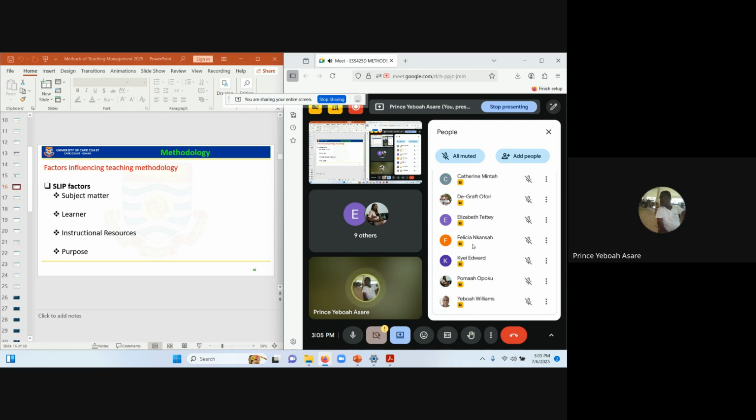Okay, so pace of instruction is different from instructional time. When we talk about pace, we are looking at the frequency in your delivery. How fast are you talking? That is pacing. That is different from instructional time. Some teachers, when they come to class, they talk very fast. So that is pacing. The frequency in delivery. How fast?